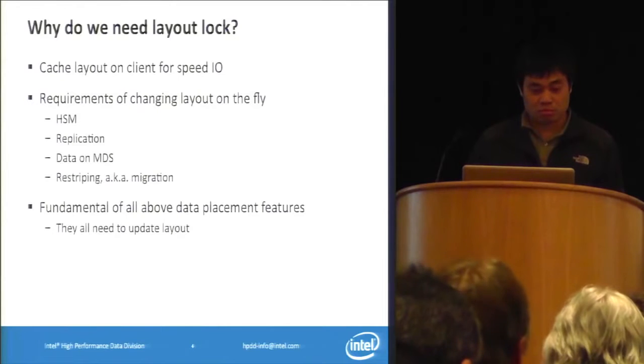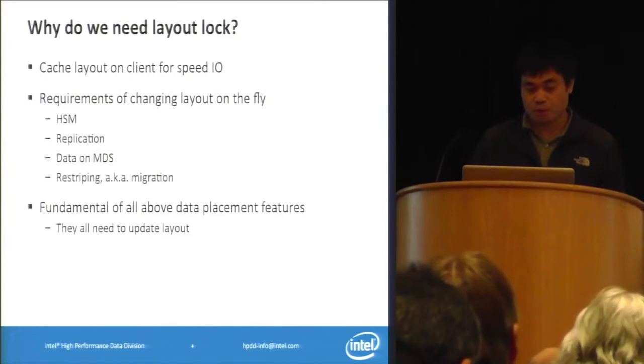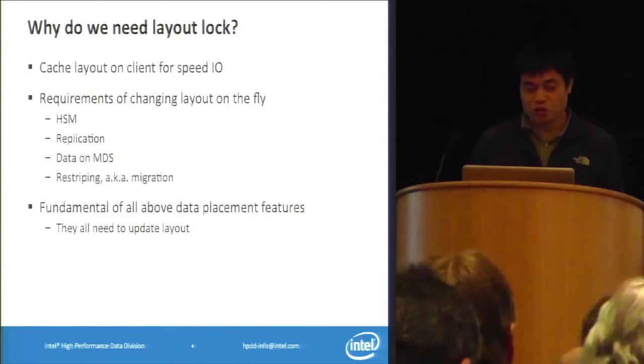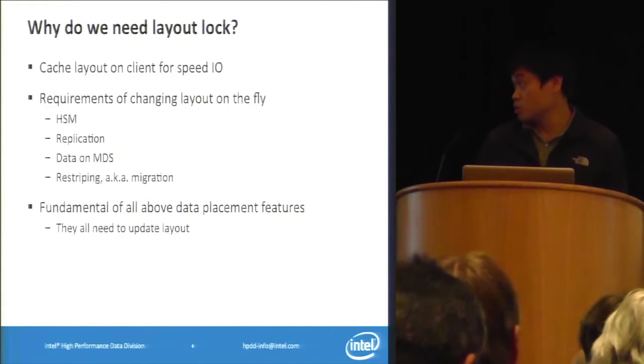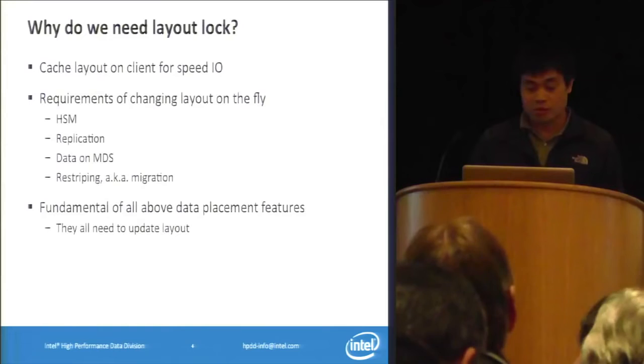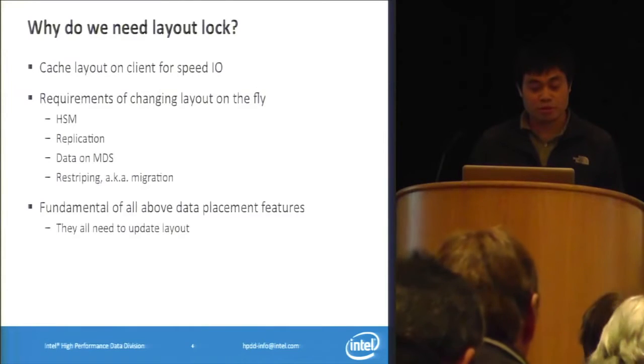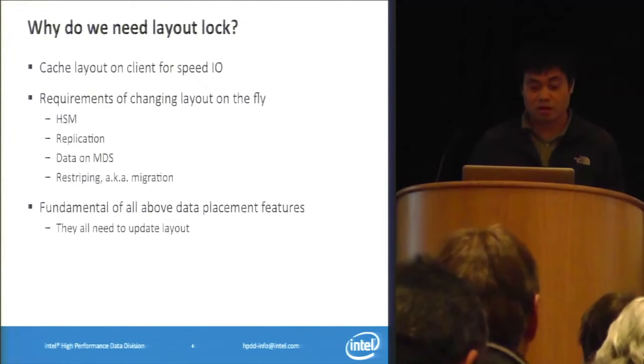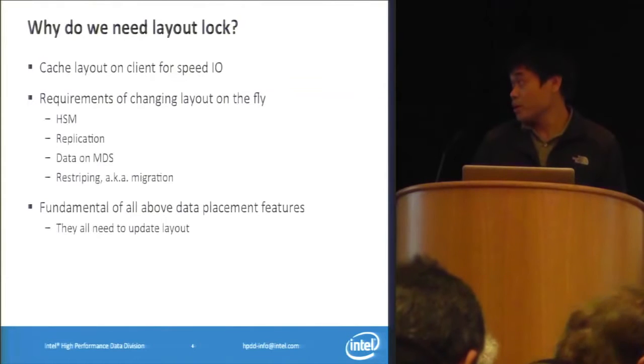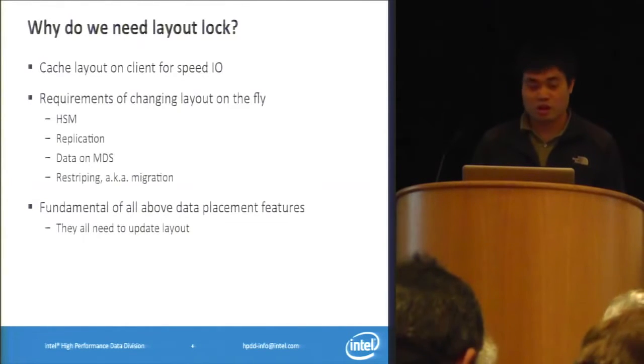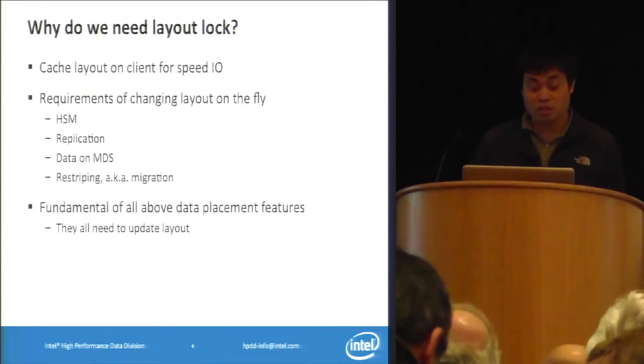Okay, so there are a couple of new features for which we need to change the layout on the fly. The first one is HSM, which is the major motivation of layout lock, and then replication, and then data on MDS, and then restriping, also known as migration.